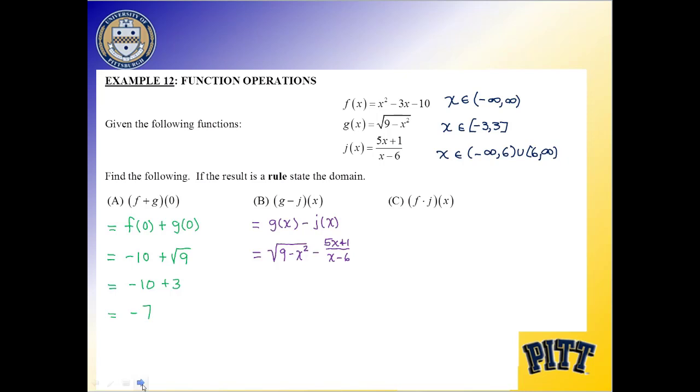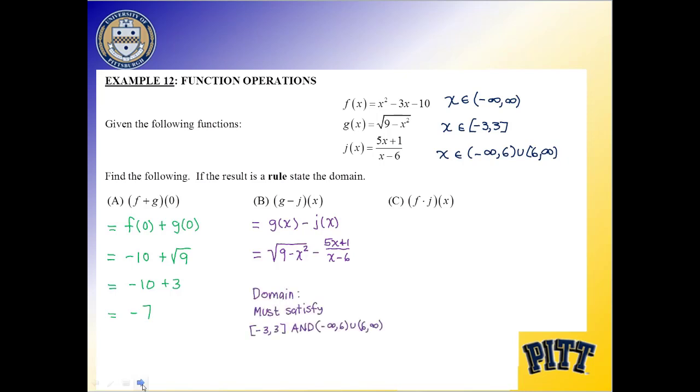For me to have a function made up of the subtraction of two other functions, those two functions have to exist, both of them at the same time. So what I'm actually looking for is a domain that satisfies the two original domains of g of x and j of x.